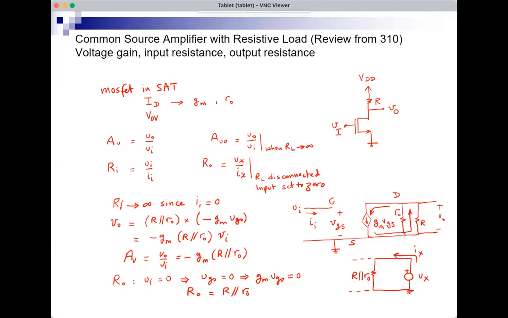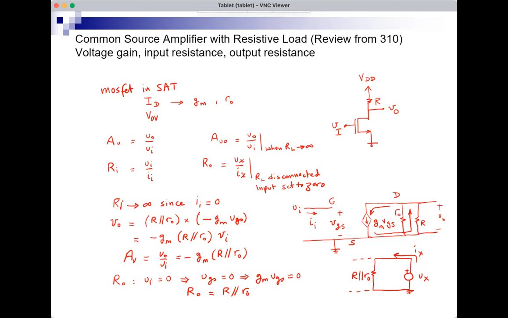So these are the three quantities that we're usually interested in, the voltage gain, input resistance, and output resistance, and we just found them for this type of amplifier. Now, if I want to build a better amplifier, sometimes I need to do other things, like have a better amplifier in terms of maybe power or in terms of distortion or input resistance.